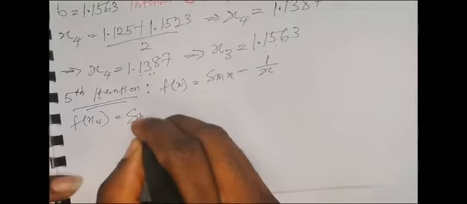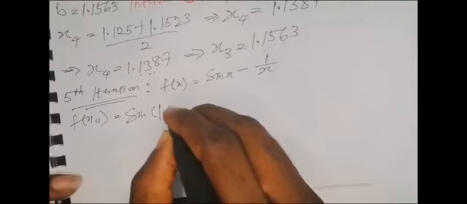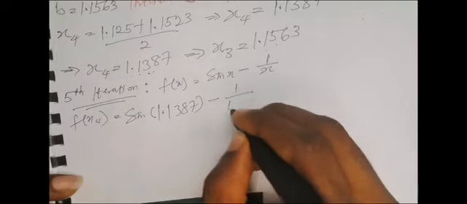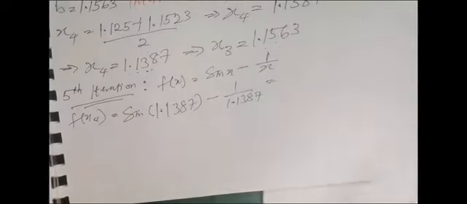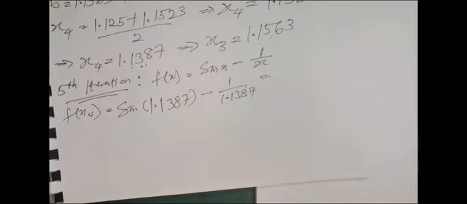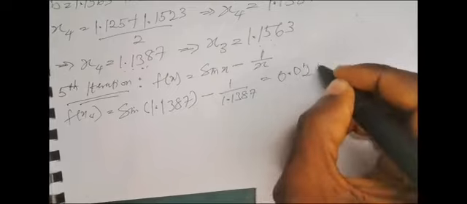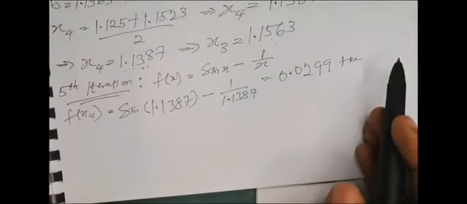So we have sine, in place of s we plug in the value of s4, which is 1.1387 minus 1 all over 1.1387. So let's see what results this will give us. Sine answer minus 1 divided by answer, so this gives us 0.0299, and it is positive, greater than 0.